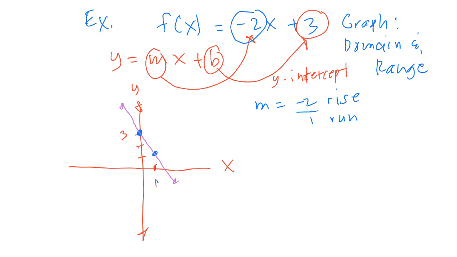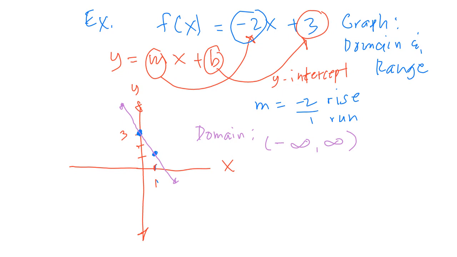So that would be our graph. And if you're going to be asked what's the domain, domain here is your x values. If you look at the line, it's moving downward and it's moving upward, and it occupies all values for x. So you will get all real numbers, or negative infinity to infinity. This is also true for the range.